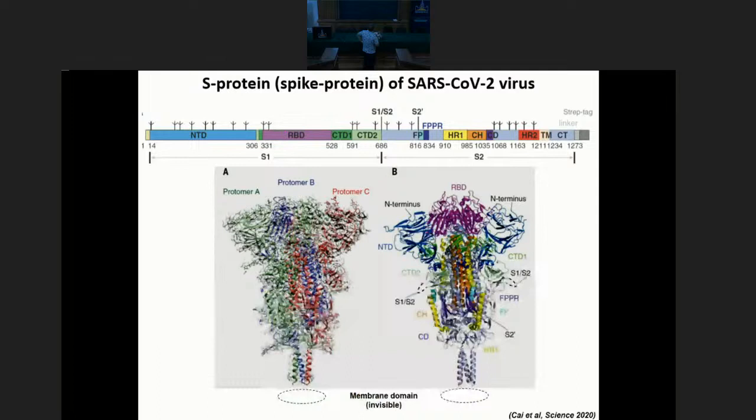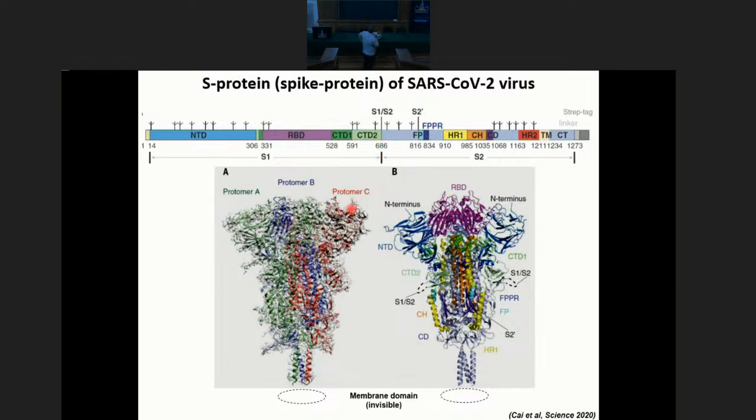You can see that it is expressed as one long polypeptide chain that contains two subunits with the cleavage sites S1 and S2. From the center of the spike protein, the trimer of S2 subunits forms a rod, on which are assembled three N-terminal S1 subunits that contain three domains: the N-terminal domain, the receptor binding domain, or RBD, and the C-terminal domain, which can be subdivided into two subdomains.